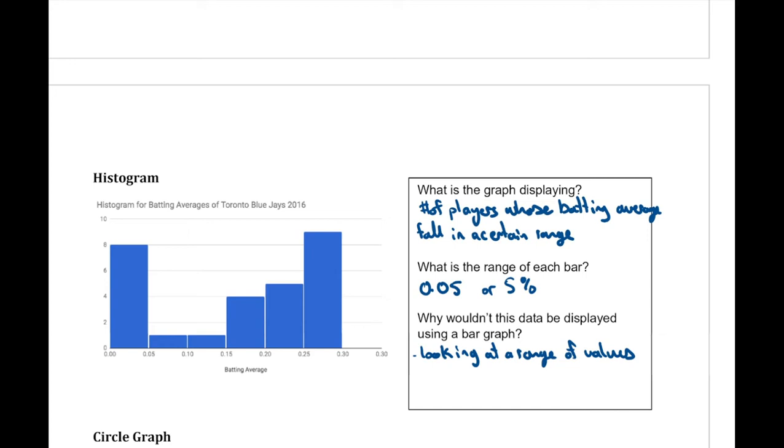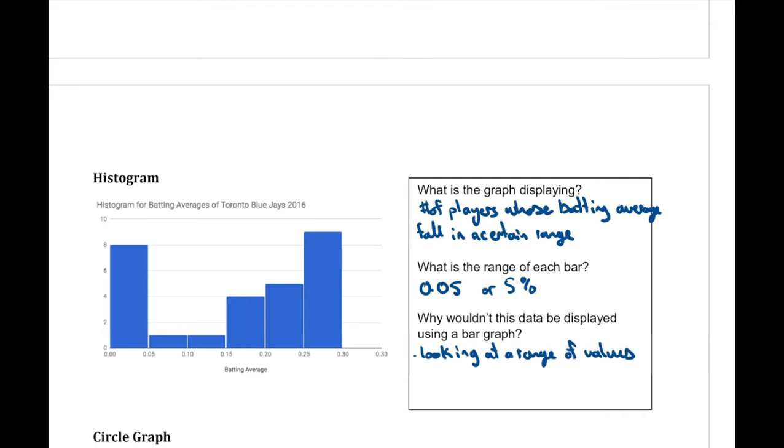So the ranges allow us to put any value between 0 and 0.05 in this category, or in this bar. So we look at the frequency there. Again, that's why we use a histogram instead of a bar graph.